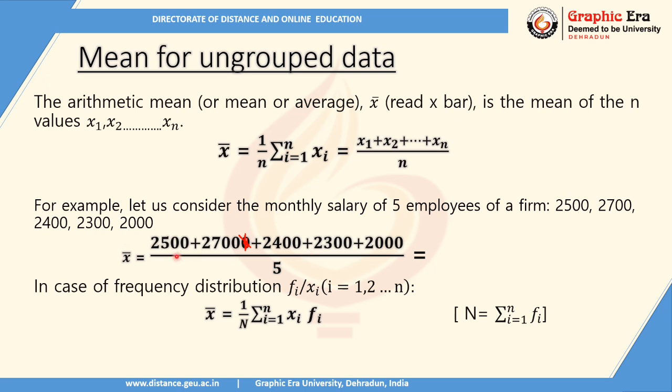Add them. 2500 plus 2700 is 5200. 5200 plus 2400 is 7600. 7600 and 2300, 9900. And 2000 means how much? 11,900.